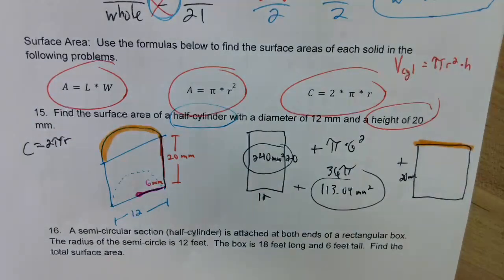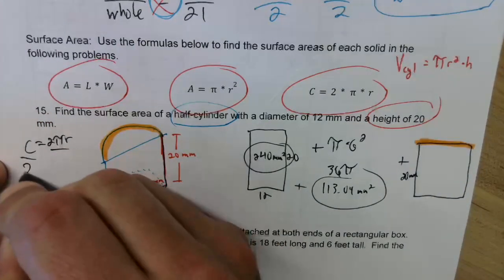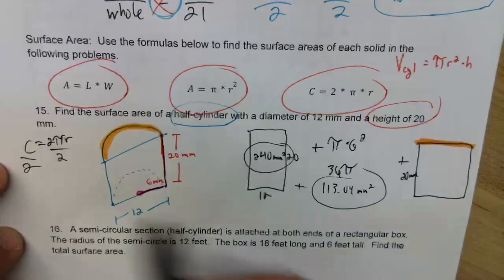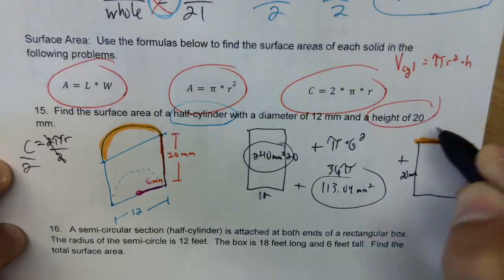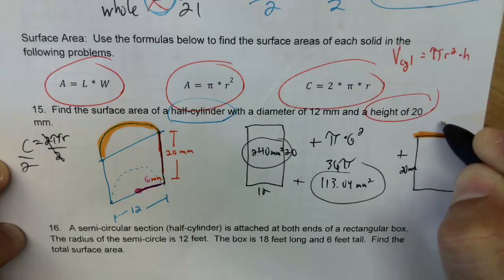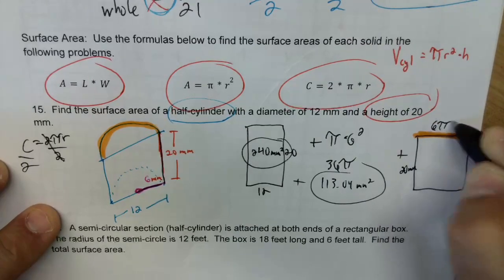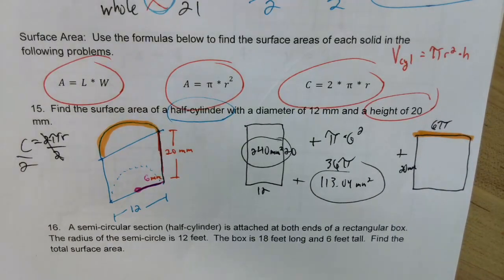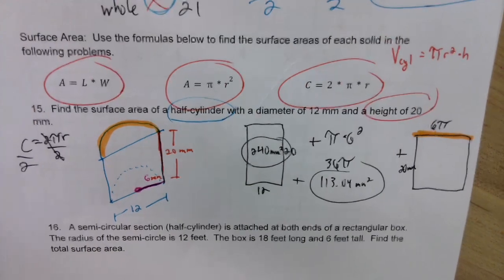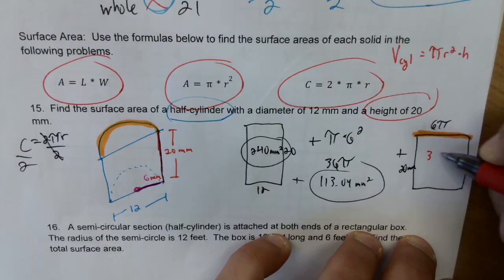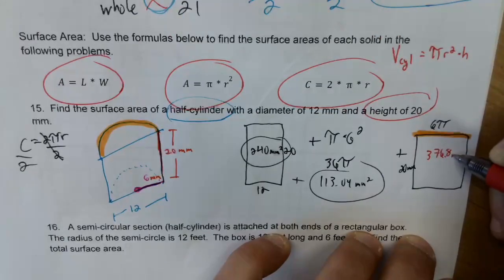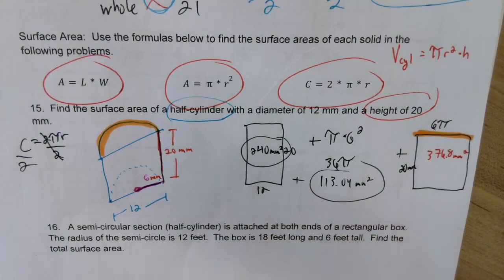So if we divide that by 2, what does it become? Pi r. So r is 6, so we have 6 pi. Then I have to multiply one more time. 6 times 3.14 is 18.84, times 20. We're going to get 376.8 square millimeters.